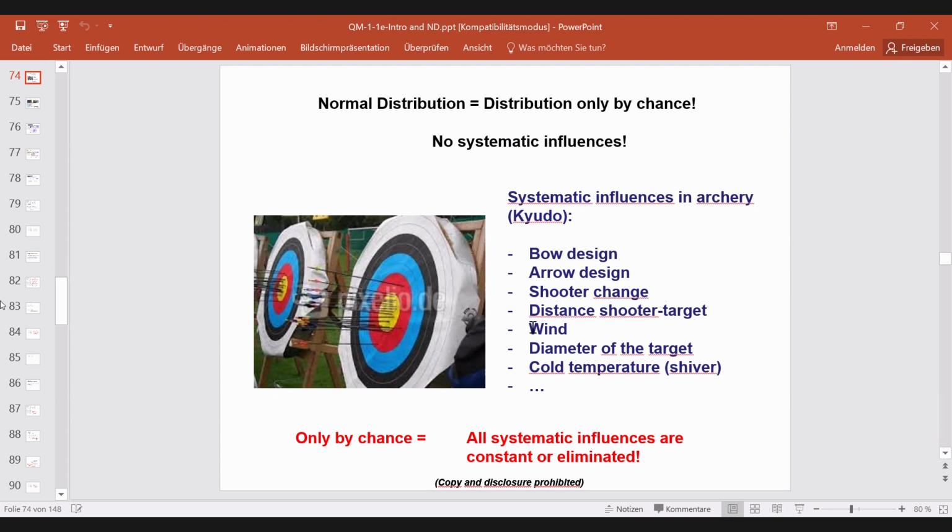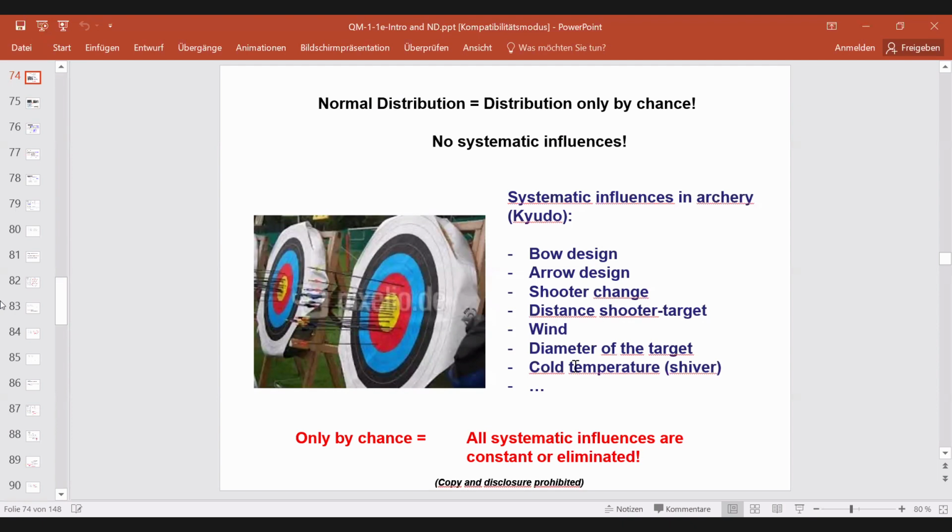Also, there is no wind allowed, because if there is wind, you have a problem with the precision, of course. It is a systematic influence. Of course, the diameter of the target disc, and maybe also the temperature, is a systematic factor.